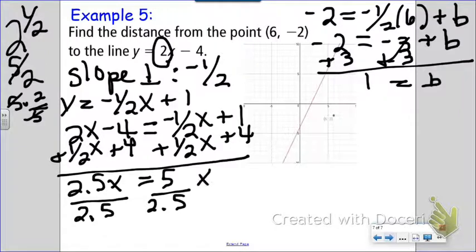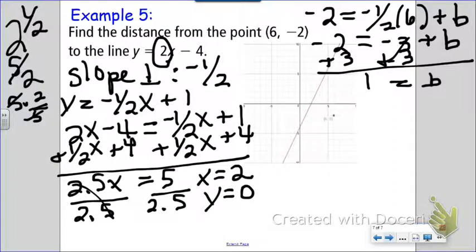So x equals 2. Once I have the x, I'm going to go back to the original y = 2x - 4. 2 times 2 is 4, minus 4 is 0, so y equals 0. So my point is at (2, 0).